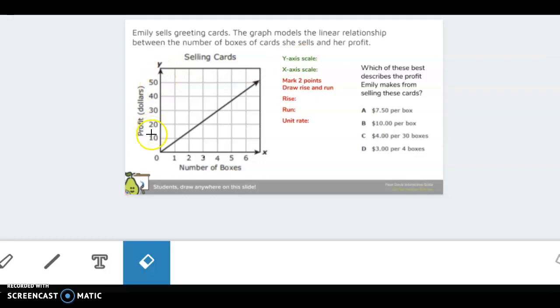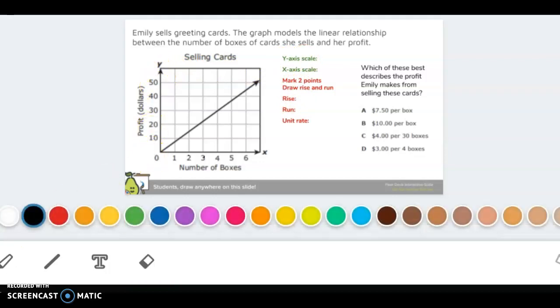If we go to my y-axis, we can see that it's being counted not by ones, but by tens. Then if we look at our x-axis scale, this one is being counted by ones: 1, 2, 3, and so forth.